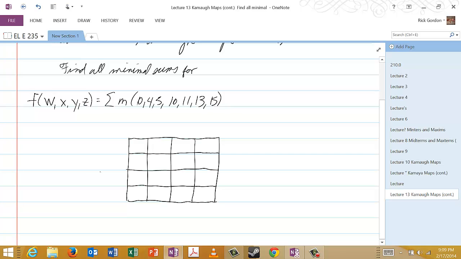On the vertical axis, we will have W and X. On the horizontal axis, Y and Z.